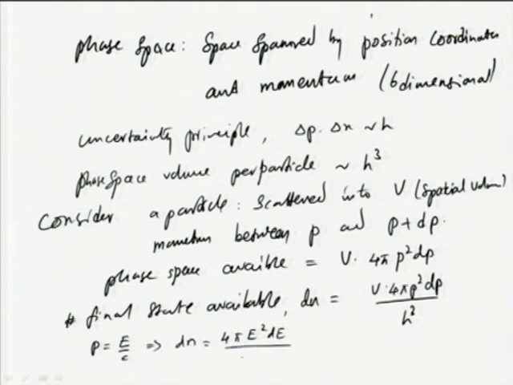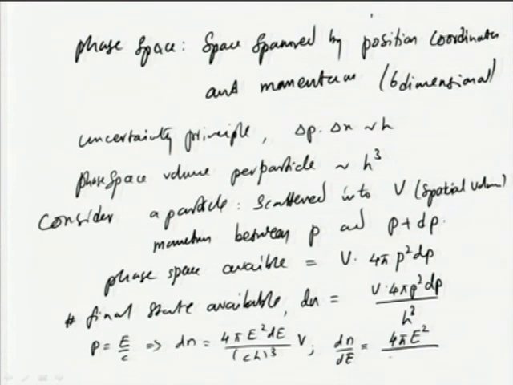So, there are 3 c factors, c h cube into V, or I can write dN over dE, which is what we considered as rho earlier, which is basically the number density between energy E and E plus dE, equal to 4 pi E square.